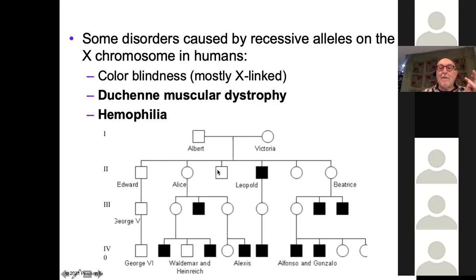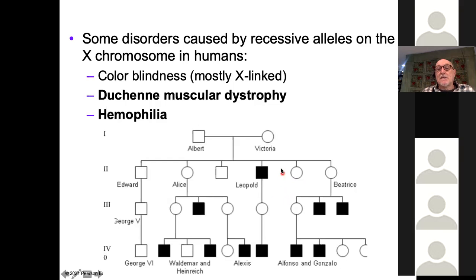The rest of the royal family in Europe was not so lucky because at this time, the turn of the century, 19th, 20th century, the royal families of Europe were actually extremely interbred. And there were many instances of cousins marrying cousins and everything.